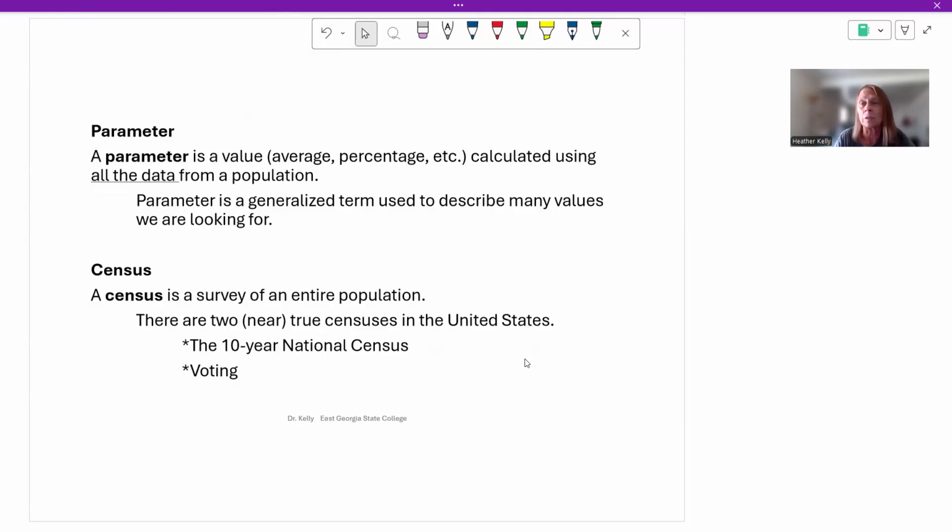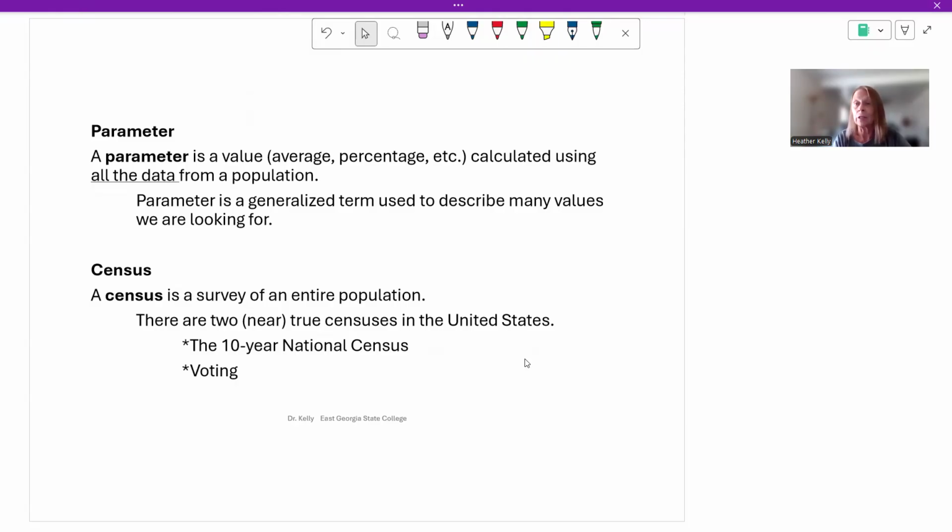Also, another important statistical term for you to be aware of is census. A census is a survey of an entire population. And there's very few. Only in the US are there two true censuses, whether they all get fully participated in or not.